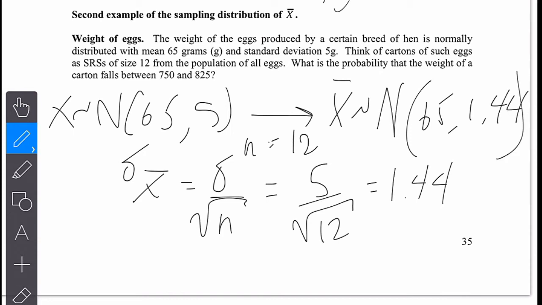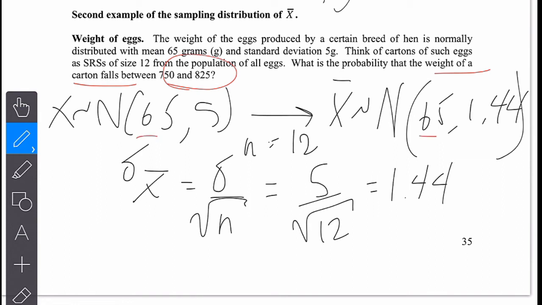So we have the mean and standard deviation of the sample mean. It's the average weight of an egg in a carton. But the question asks, what's the probability that the weight of the whole carton falls between these numbers? Those numbers are much higher than the mean here, which is just 65.